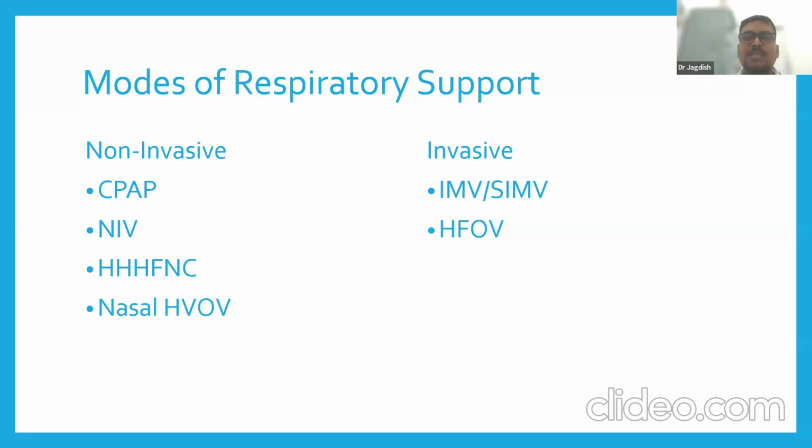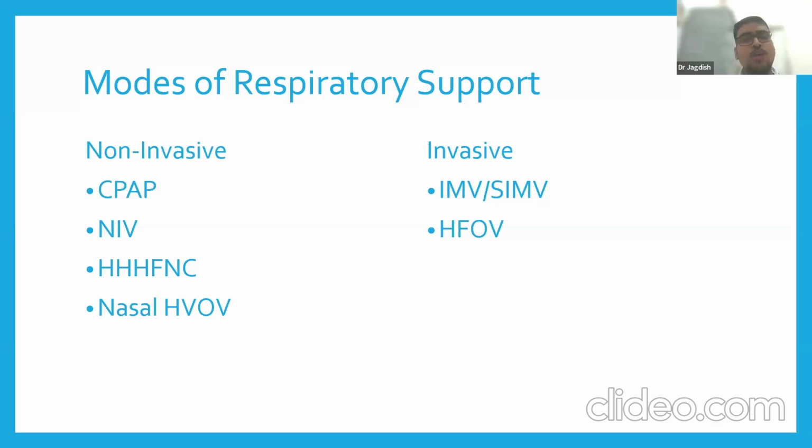HHFNC is not used as a primary respiratory support for babies less than 28 weekers or even less than 30 weekers. But we can utilize it for a baby post extubation if the baby has a good respiratory drive. It is not a primary support for a baby less than 28 weekers or even less than 30 weekers.